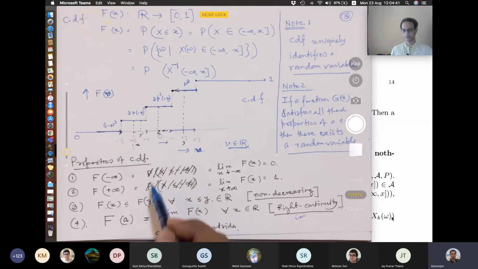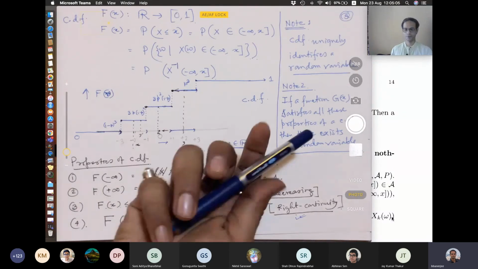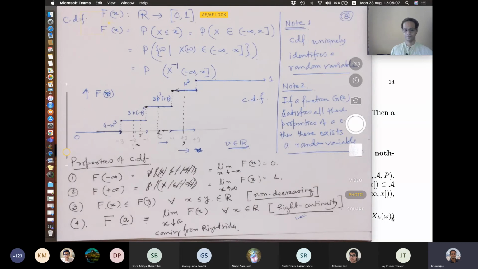Check whether these four conditions are satisfied or not. If satisfied, you will find a random variable, capital X, which will satisfy necessary properties, which are mapping from omega to real number. There will be a sigma field, there will be a probability function. All those things you will be able to construct. That is what is known as the theorem, but this is a more sophisticated theorem compared to these claims.